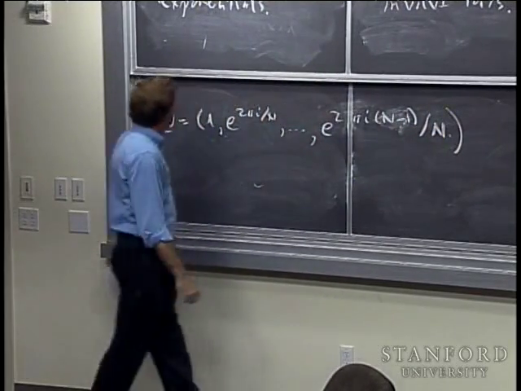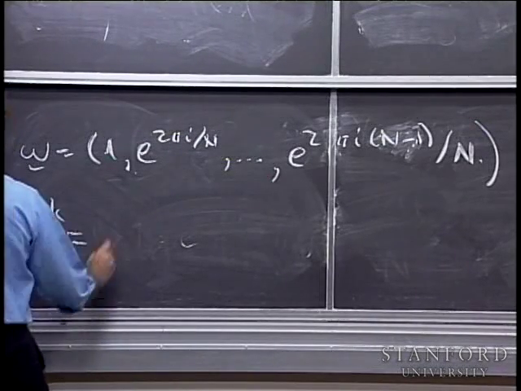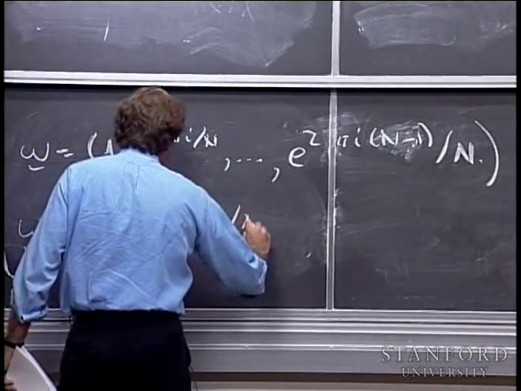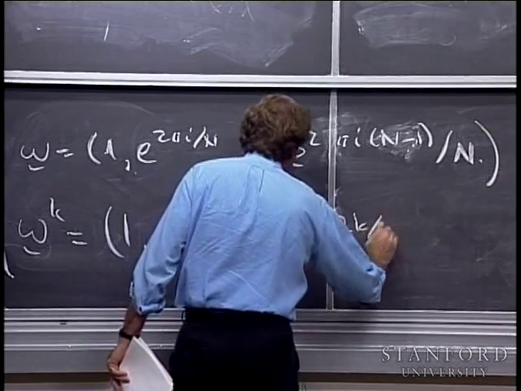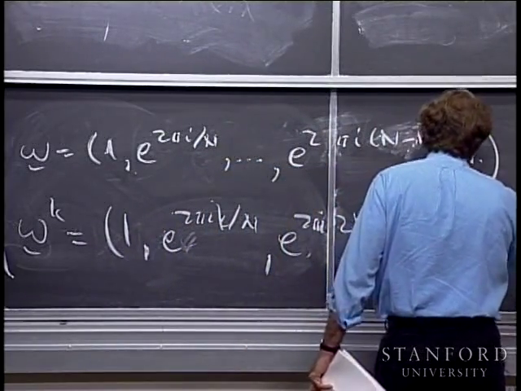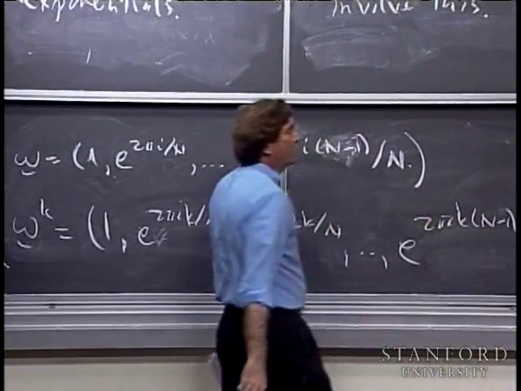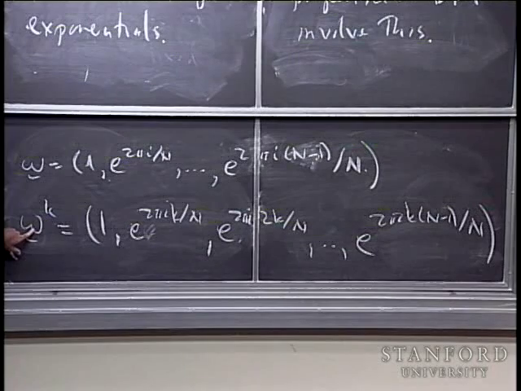And the powers that we look at are omega to the k, say, which is 1, e to the 2 pi i k over n, e to the 2 pi i 2k over n, up to e to the 2 pi i k (n minus 1) over n. The orthogonality of the discrete complex exponentials is really the orthogonality of the powers of these complex exponentials.